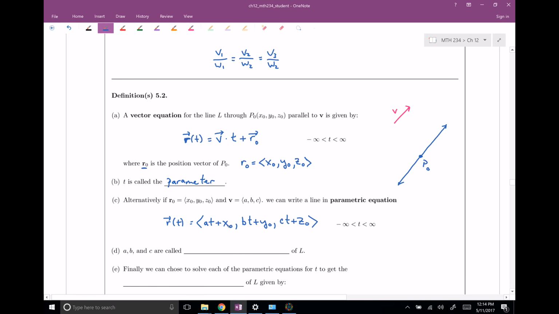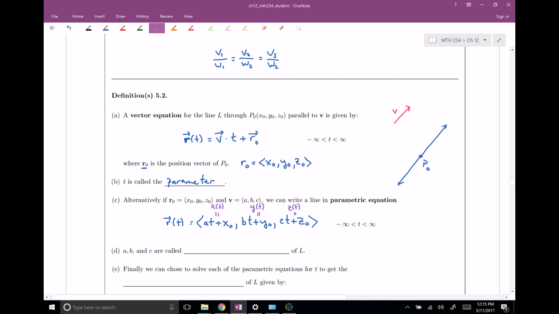And sometimes you talk about each one of these. So the claim is this right here is talking about the x things, it's the first component. This one right here would be talking about y's, so that's the y component. And this one right here is talking about z's. And all of them depend on t, so that's why it's x of t, y of t, z of t.